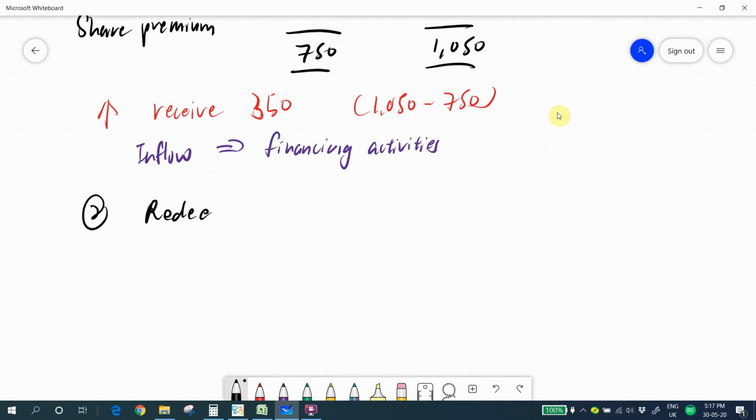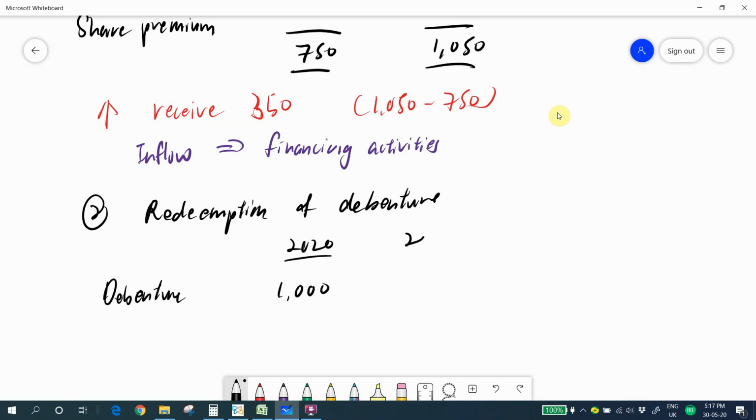So our debenture 2020 is 1000, 2021 becomes 750. What is the difference? We reduce, right?